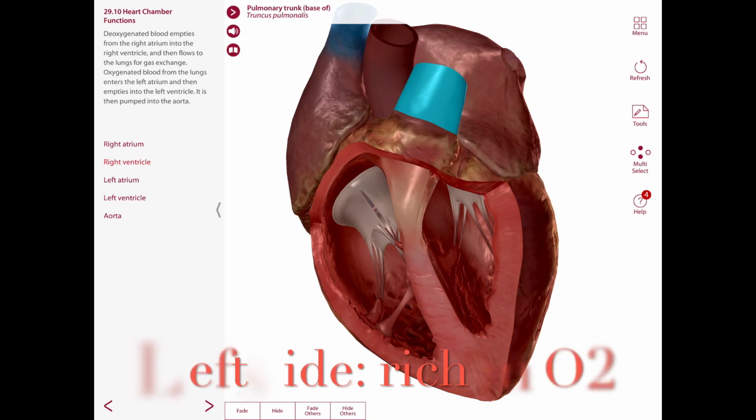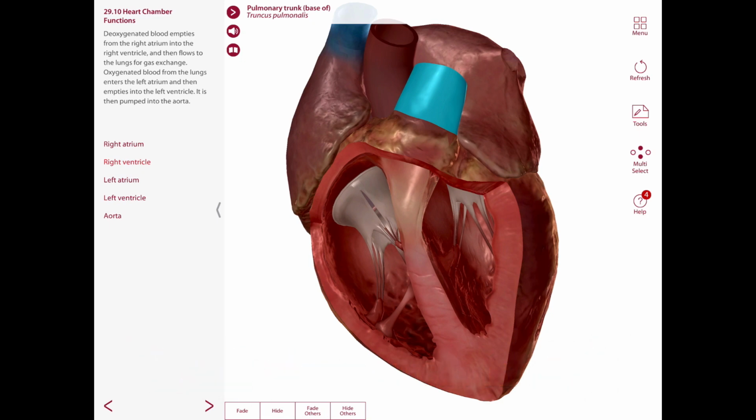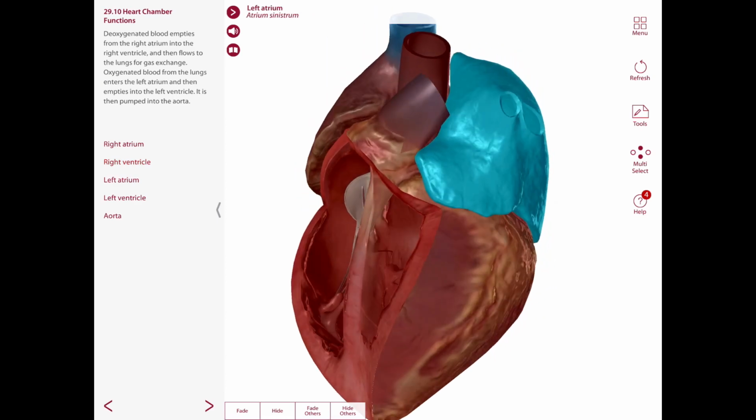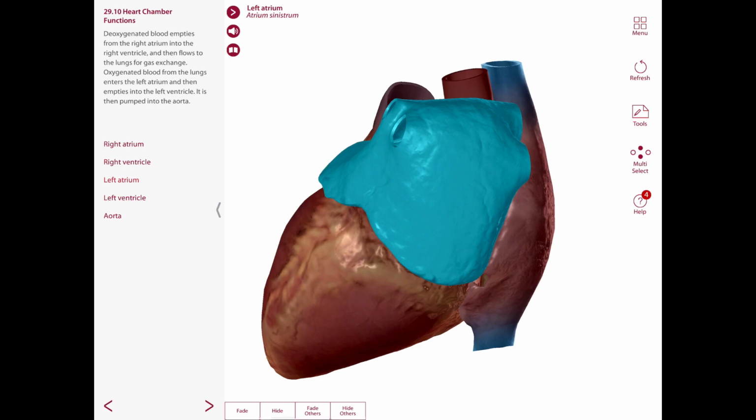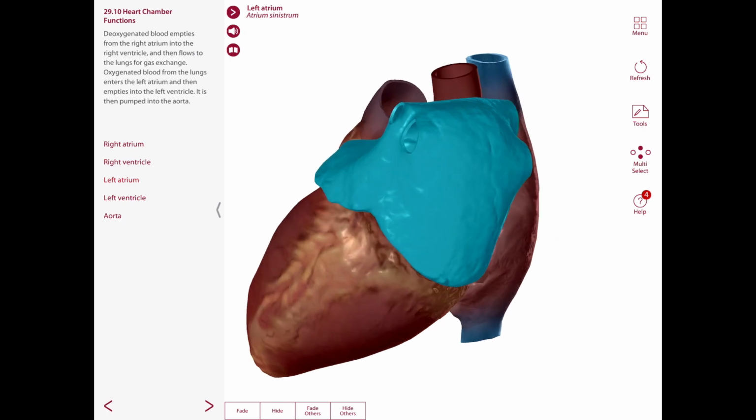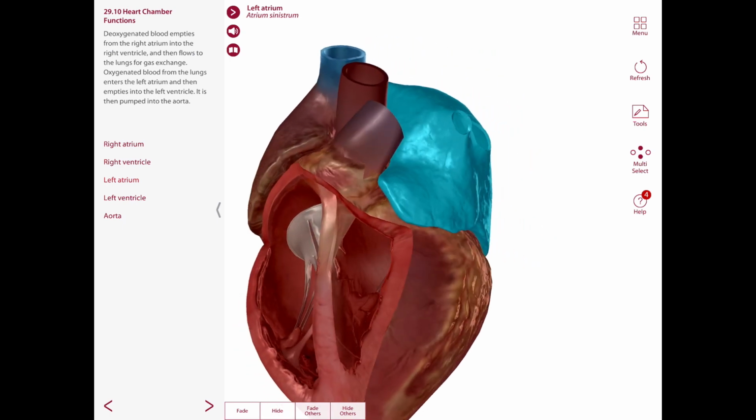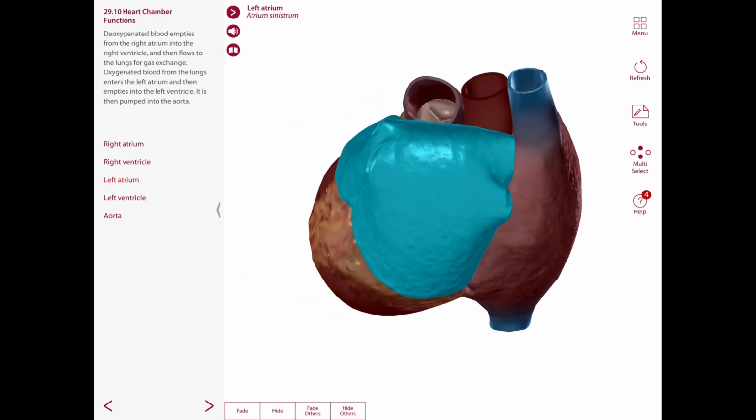Now, the left side of the heart is for blood that is rich in oxygen. The left atrium, which you can see here labeled in blue, receives oxygenated blood from the lungs via the pulmonary veins, which you can observe right there.